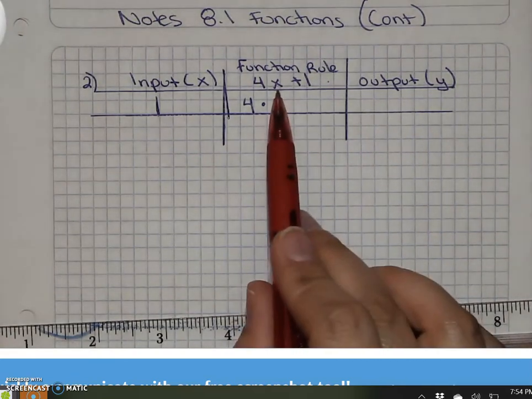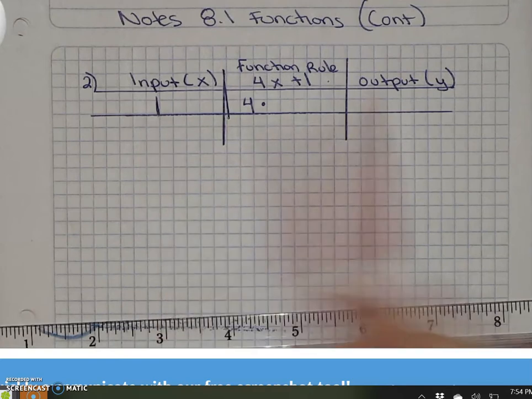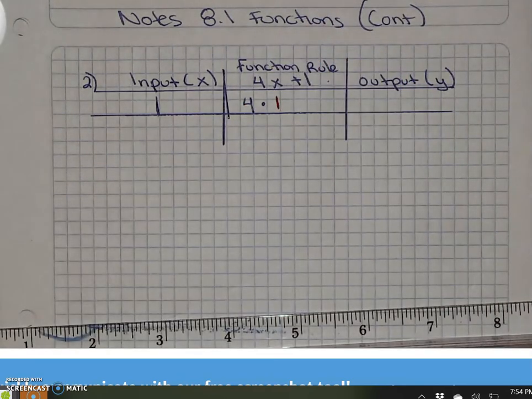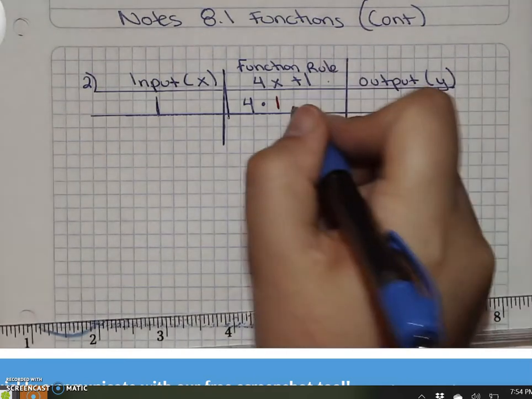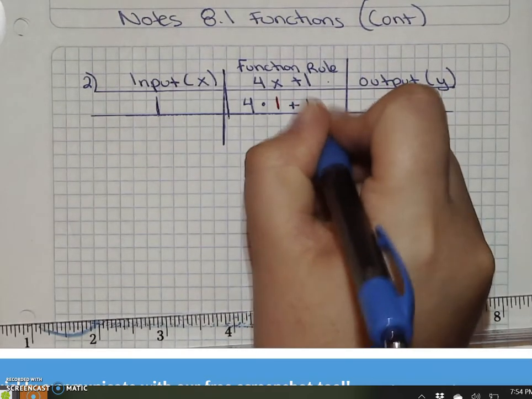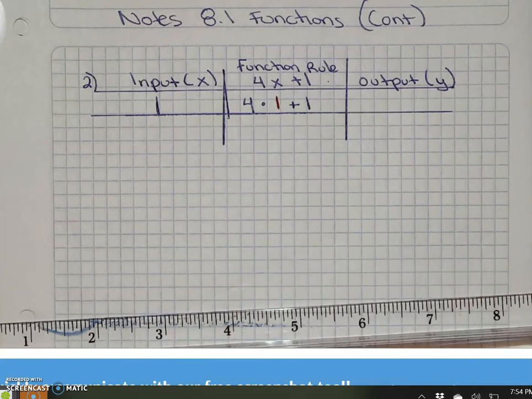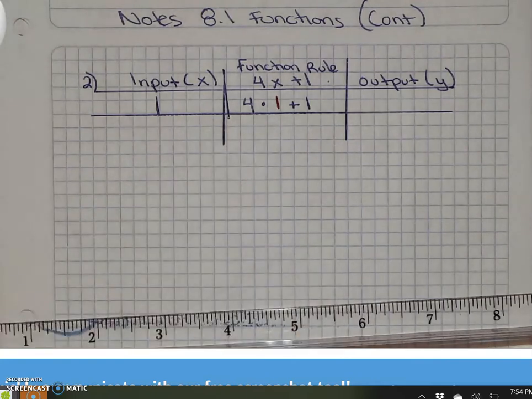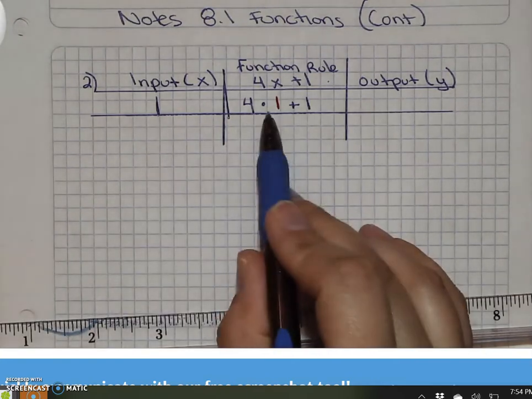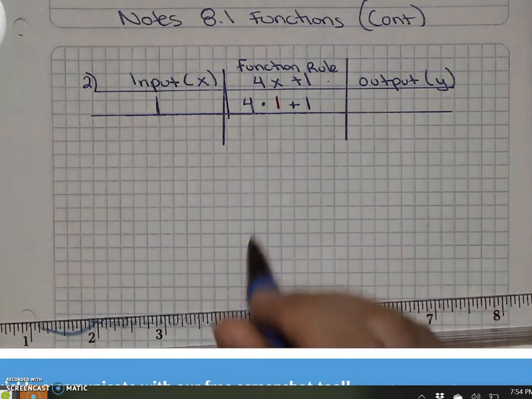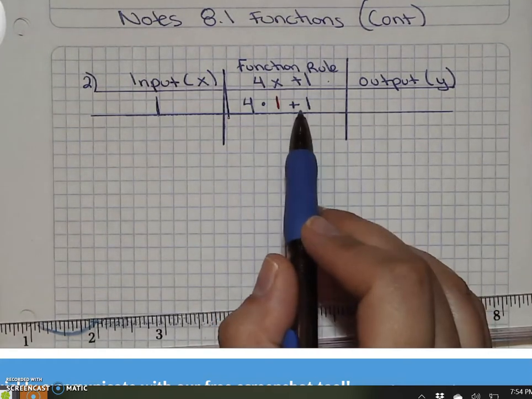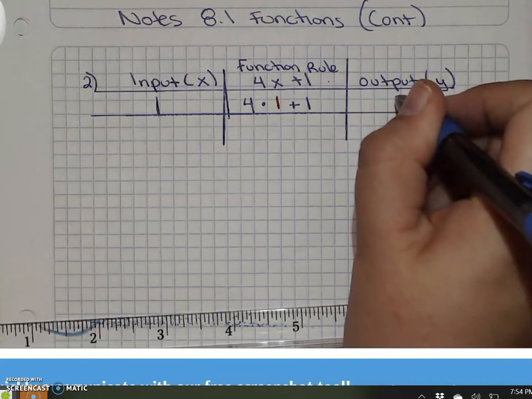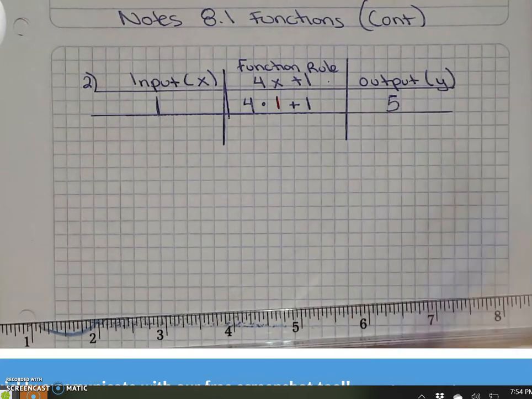But what are we substituting x by? We're substituting it by 1. So I'm going to put my 1 right here in red, just so you could see the difference. Then I bring everything else down, plus 1. Now, when you put this in our little machine, what is 4 times 1? 4. But then we have our plus 1 here. So what's 4 plus 1? Our output is 5.